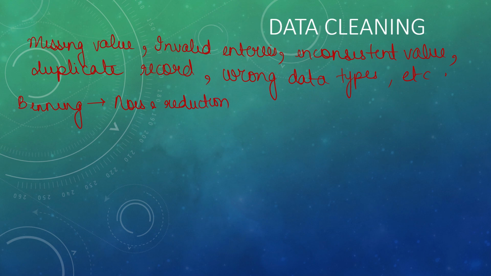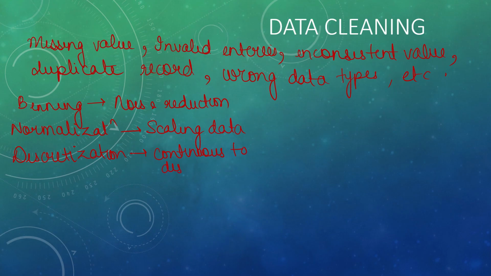Then we have normalization, this is for scaling data. Then discretization, continuous to discrete conversion. Then we have smoothing, this is to reduce fluctuations.